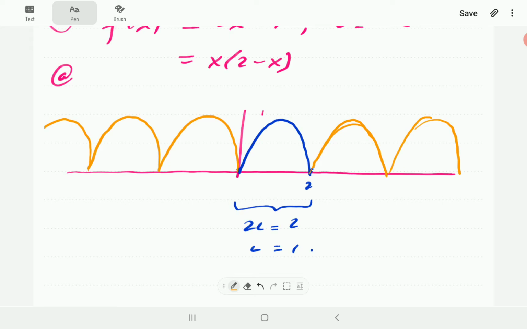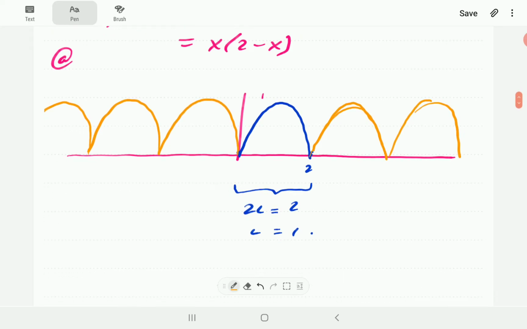Is it even, odd, or neither? Well, for even functions, the function is going to be symmetric about the vertical axis. We see this one is indeed symmetric about this axis.